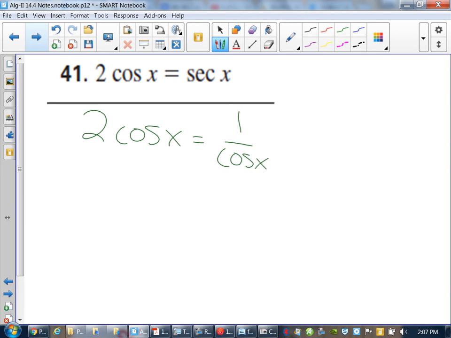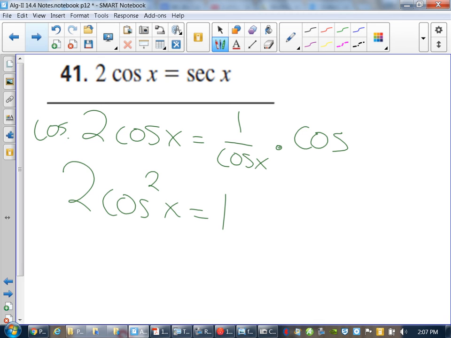So in this case, this is the time that I'm going to multiply it by cosine. Because 1 over cosine times cosine equals what? 1. So if I multiply both sides by cosine, I get 2 cosine squared equals 1.